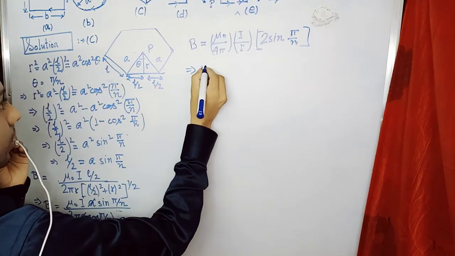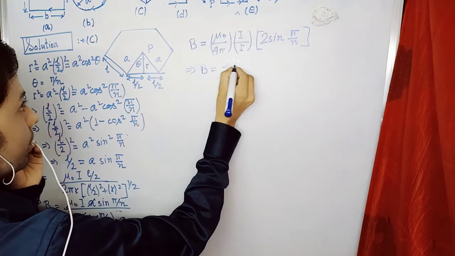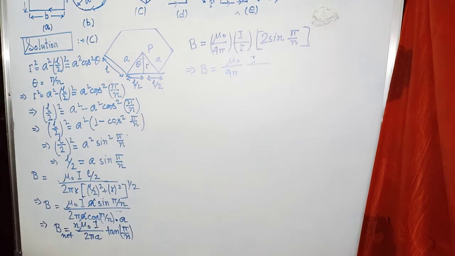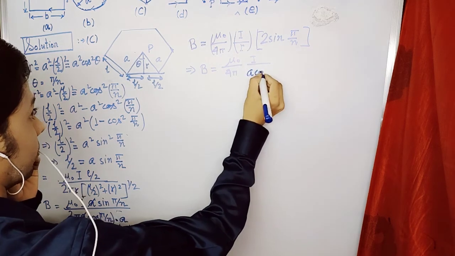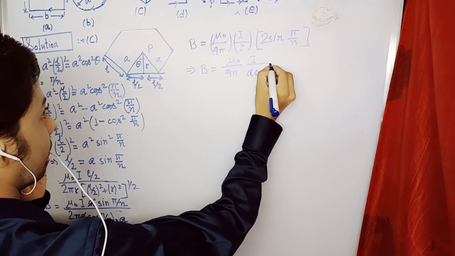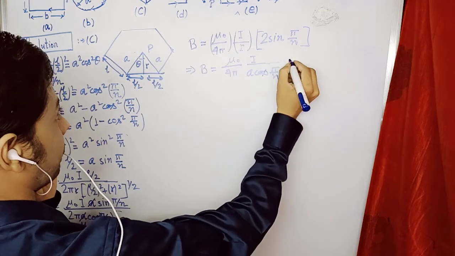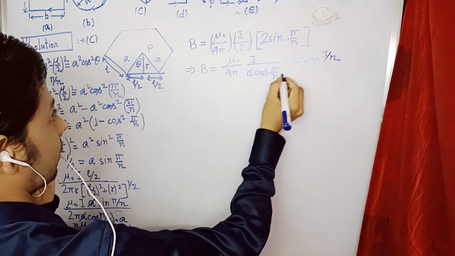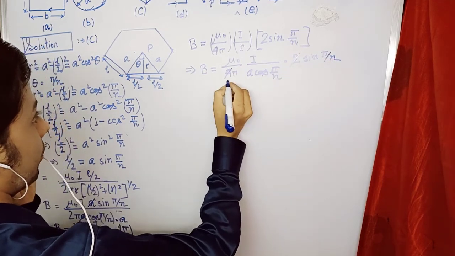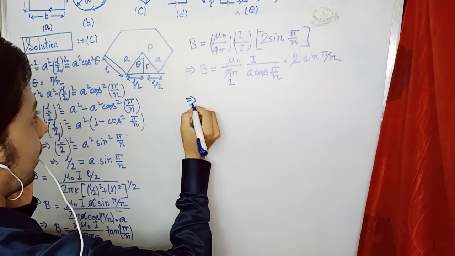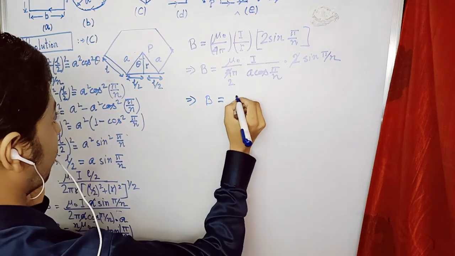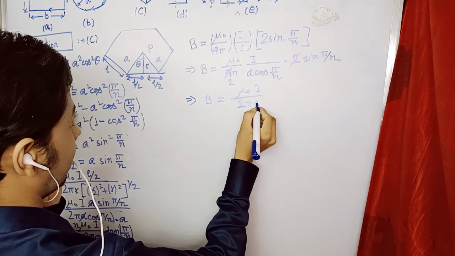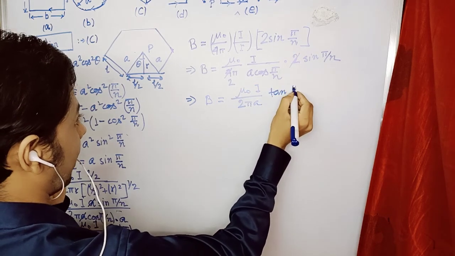So its magnetic field B will be equal to mu naught divided by 4 pi, I upon, now the value of R is equal to a cos pi by n, multiplied by 2 sin pi by n. Now this 2 and this 4 will get cancelled, therefore its magnetic field B will be equal to mu naught I divided by 2 pi a into tan pi divided by n.